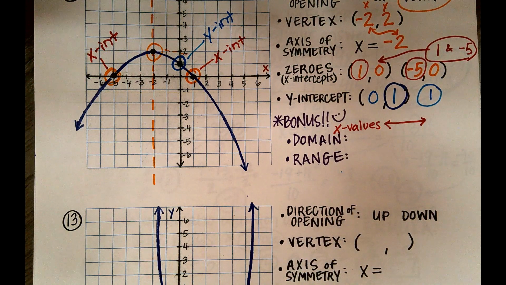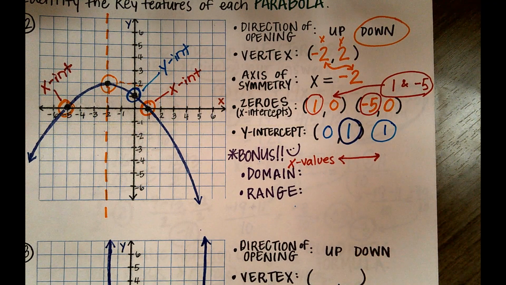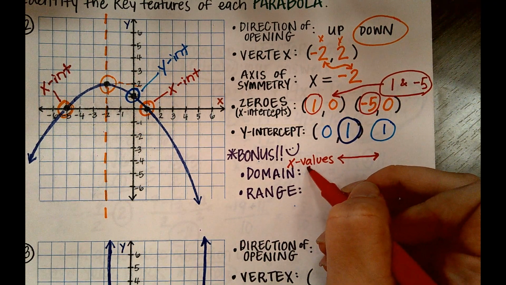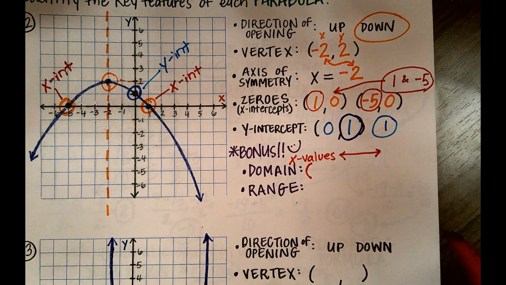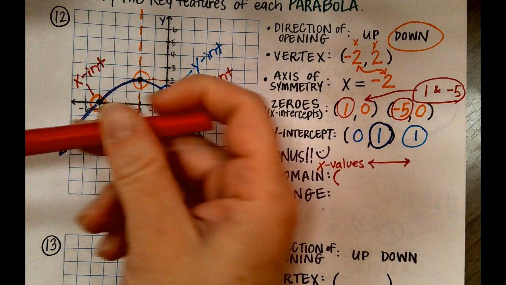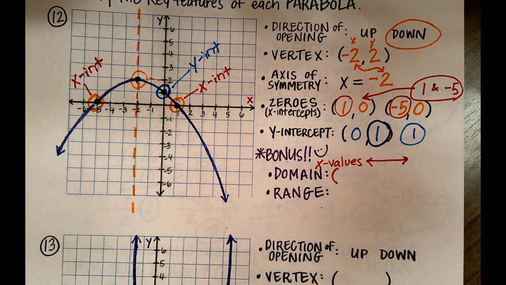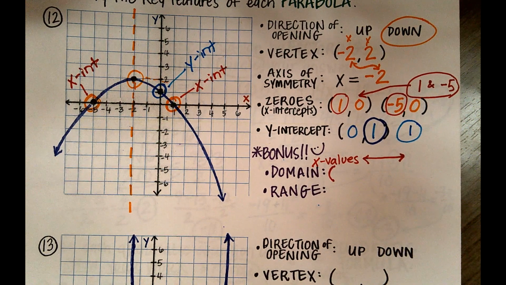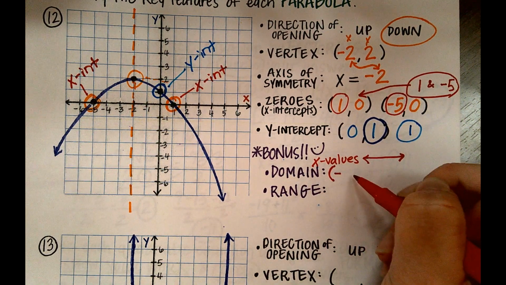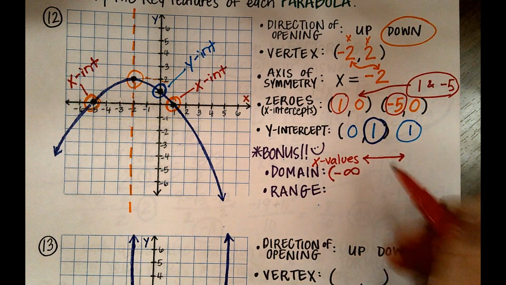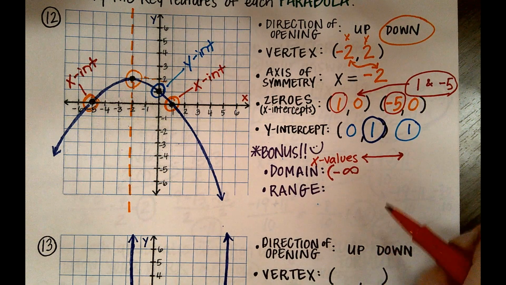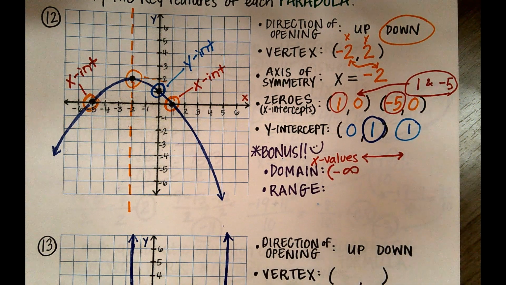They will go on forever. So here's how we write that. We start with a parenthesis, and we start from the smallest number to the biggest number. The smallest number is negative infinity. It's a sideways 8. So you can just turn your paper to the side and write 8.